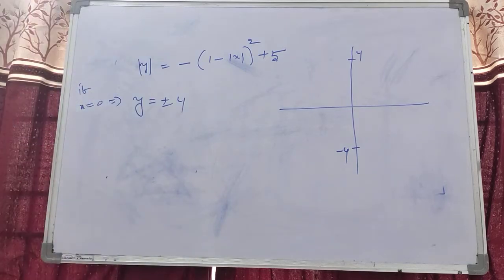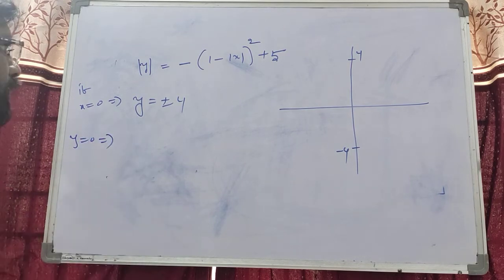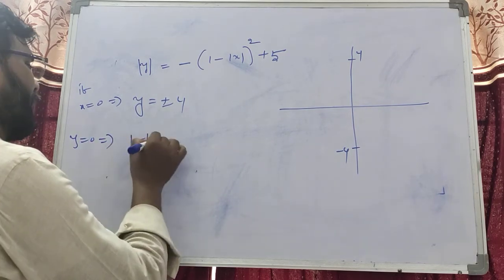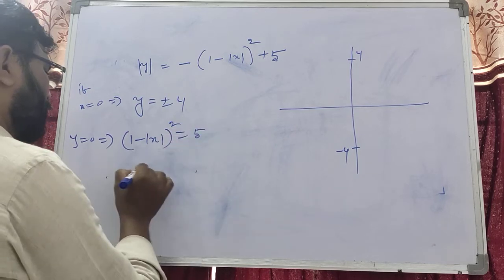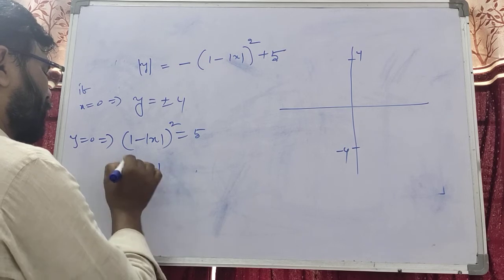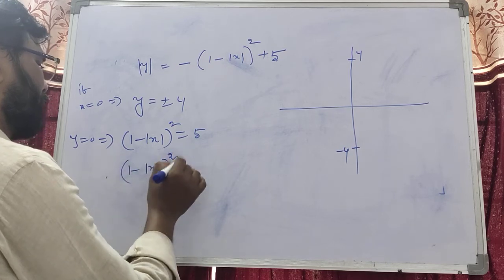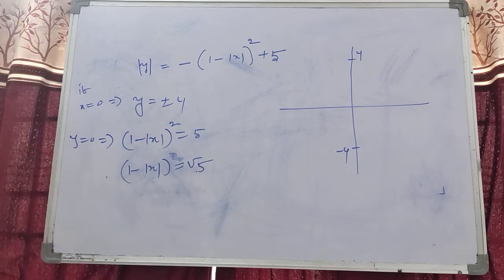When we are taking y equal to 0, students, if y is 0, then it comes 1 minus mod x whole square equal to 5. Therefore students, we got 1 minus mod x whole square, that is sending to the root 5. This is root 5.